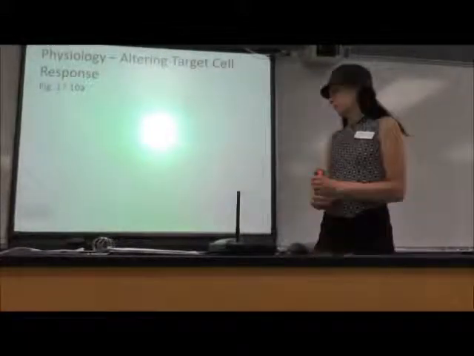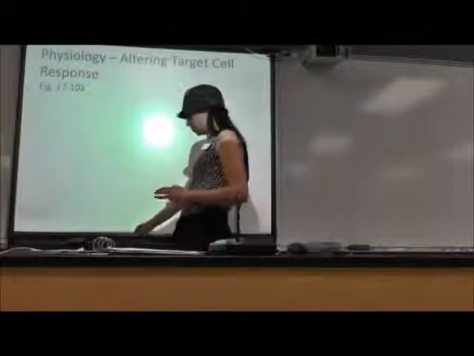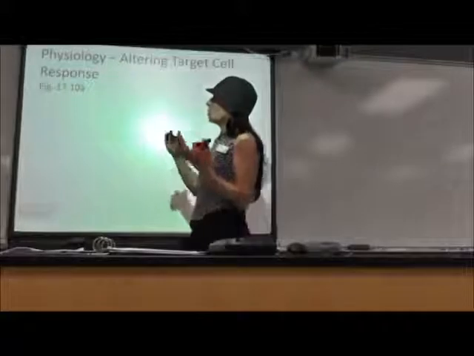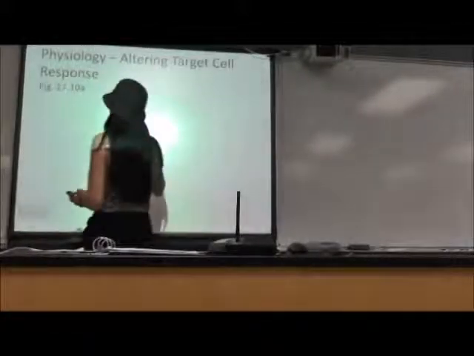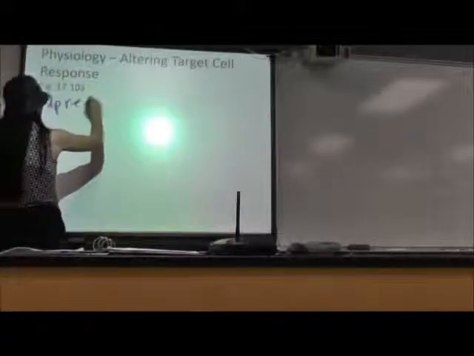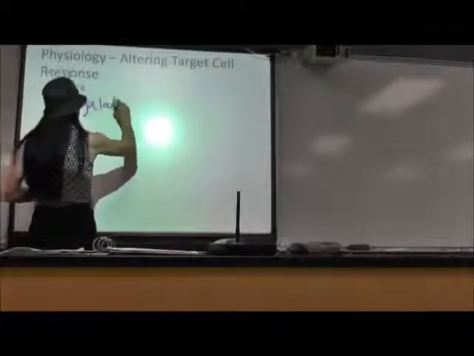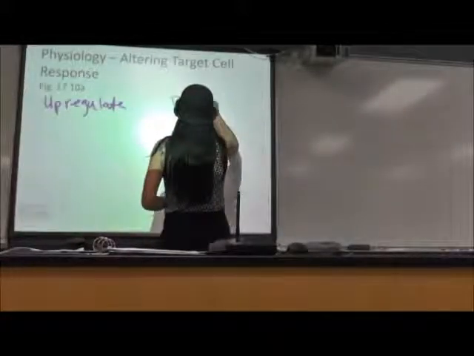So the first thing to be aware of is that, based on the hormone level, a target cell can alter its responsiveness to a hormone. So we've got two situations where a cell can upregulate its receptors, or cells can downregulate their receptors.